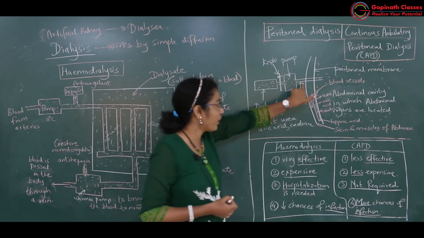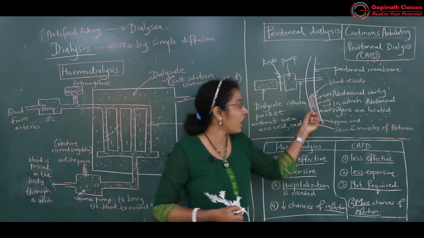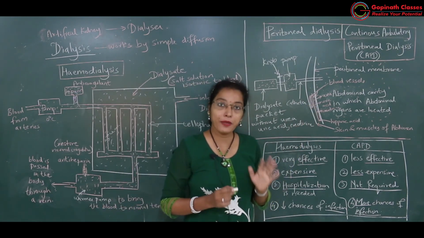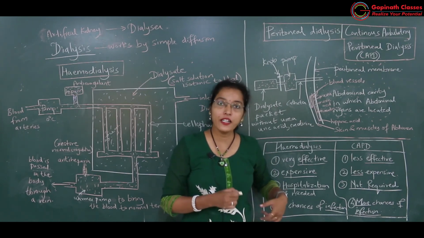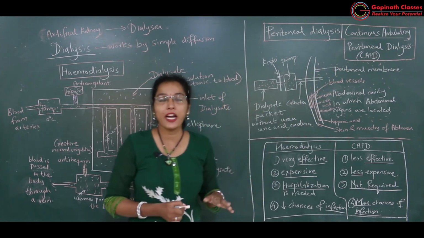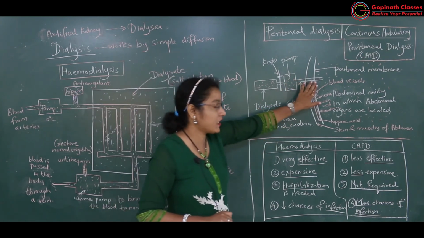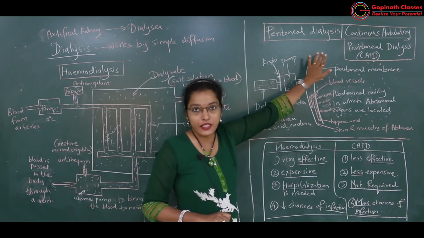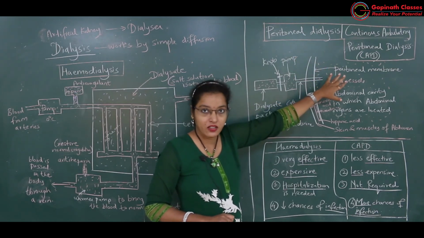To introduce the catheter, an incision is made over the skin of the abdominal region in patients. This peritoneal dialysis can be done at home also. This type of dialysis can be done at home. So it will save money, right?